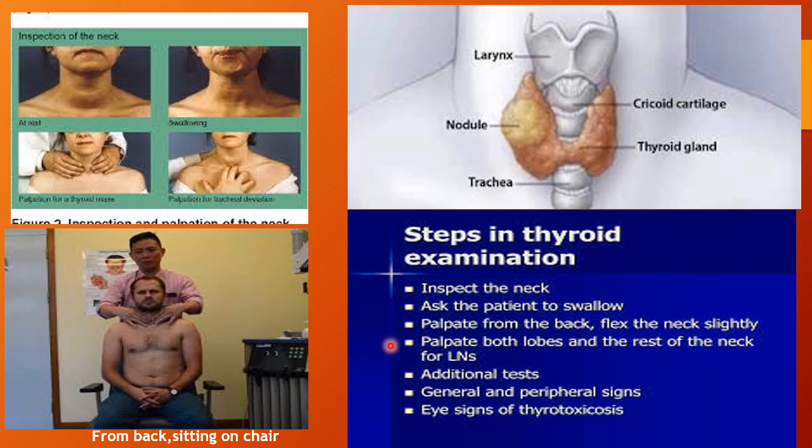Palpate both sides, both lobes of the thyroid and the rest of the neck for lymph nodes. Then the additional tests which I mentioned just now should be looked for. Then look for general and peripheral signs of hyper or hypofunction of the thyroid, and especially look for eye signs of thyrotoxicosis.